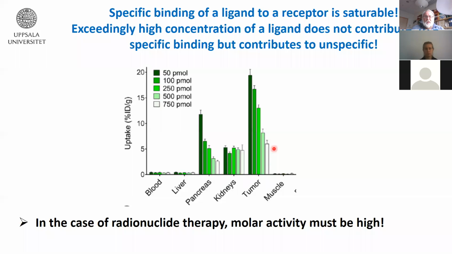So in this situation, when you need to perform radionuclide therapy, the injected amount of protein must be low and molar activity must be high. You don't have any choice.